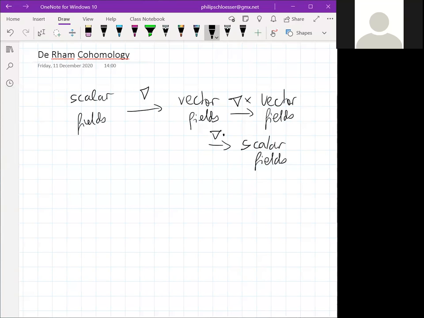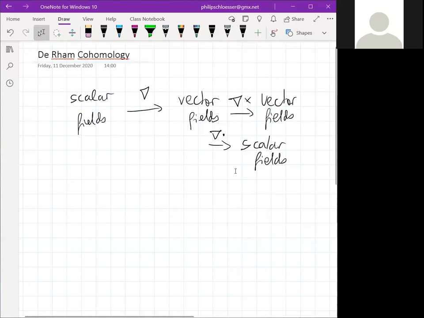It seems sort of ad hoc, and what even are scalar and vector fields if you want to phrase them in a more differential geometric way? On the other hand, this is only true for R3. Even if we go to some subset of R3 that is not simply connected, this just doesn't hold.